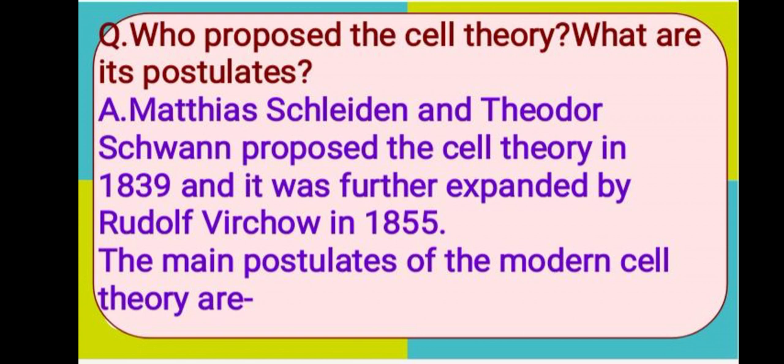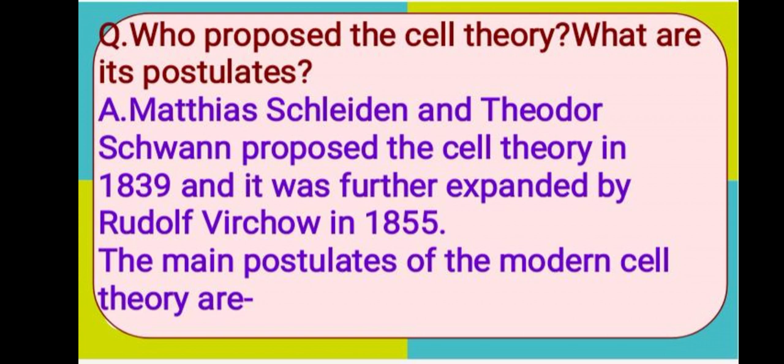Next question is, who proposed the cell theory? What are its postulates? Now you all know that Matthias Schleiden and Theodor Schwann proposed the cell theory in 1839. And it was further expanded by Rudolf Virchow in 1855.